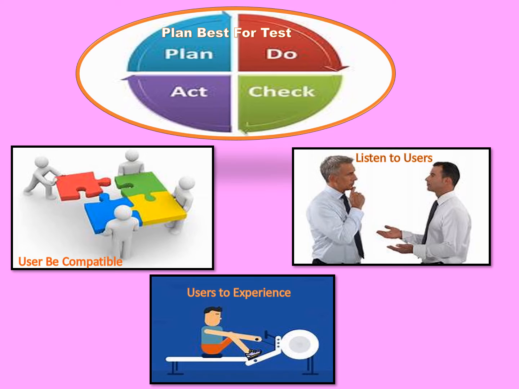Next one is we should not explain more to the users about our product, as I already told earlier. Instead, we need to let users tell, which must be very clearly listened to by all the persons in the team. Next one, users must explain their experiences with our prototype models.